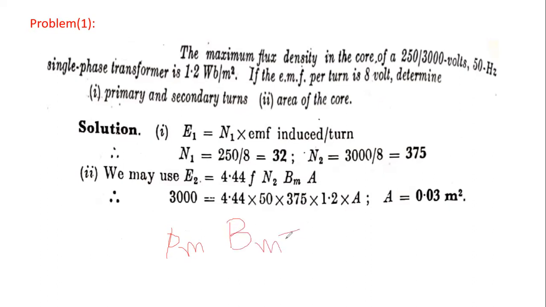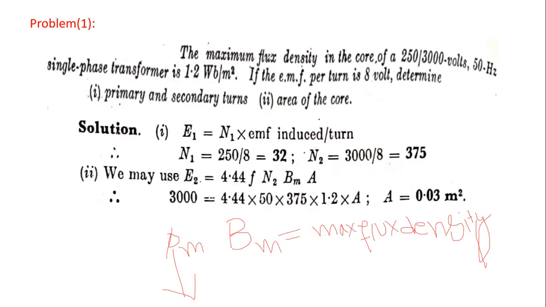Remember that: B means the flux density, and φ is the flux. Therefore Bm is the maximum flux density and φm is the maximum flux.